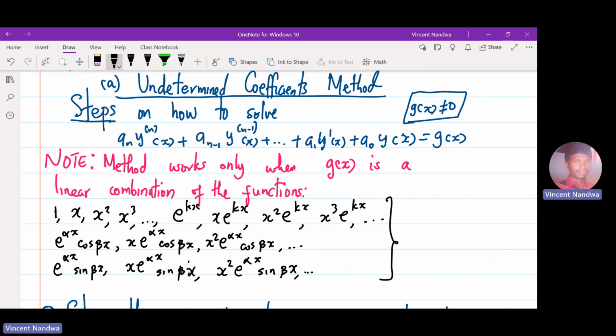Then trigonometric functions must come in the form of cosine of a value times x or t, sine of a value times x or t, and then the normal exponents, and then the terms of the polynomial. Either it can be in x or in t. But if your function doesn't take one of the structures given here, then the method doesn't work for that case. Who knows? Maybe the other method will work.